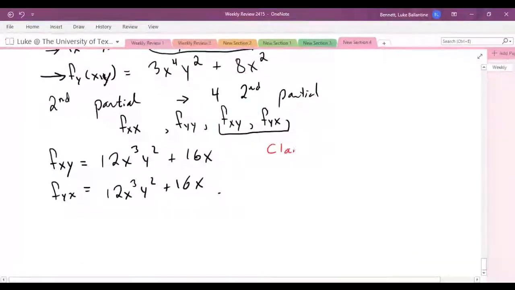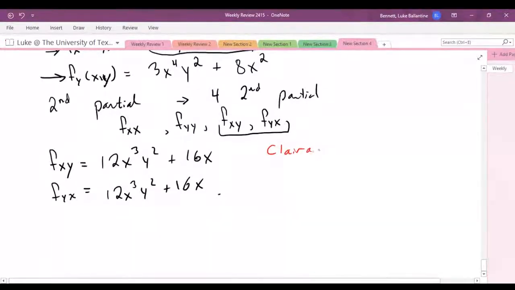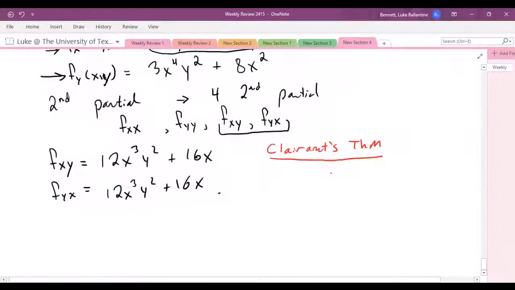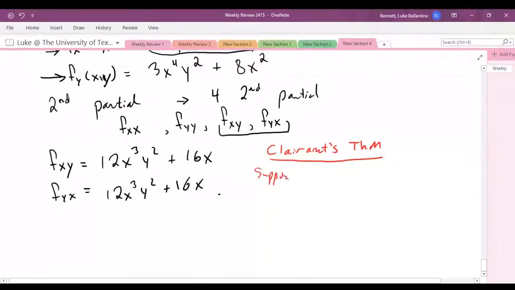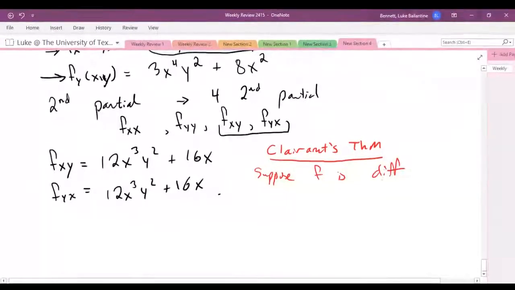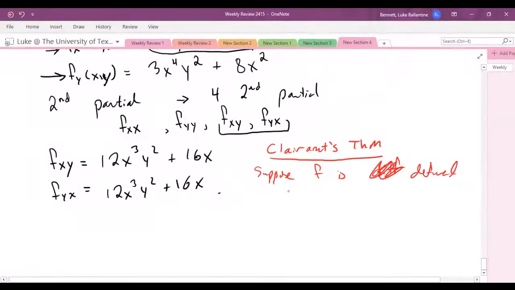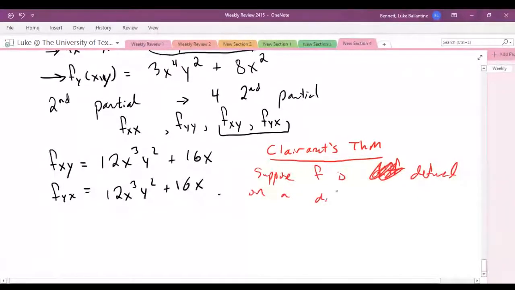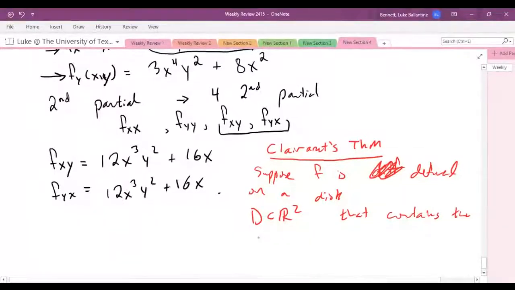One last thing. Called Clairaut's theorem. So suppose f is defined on a disk D subset of R2 that contains the point (a,b).